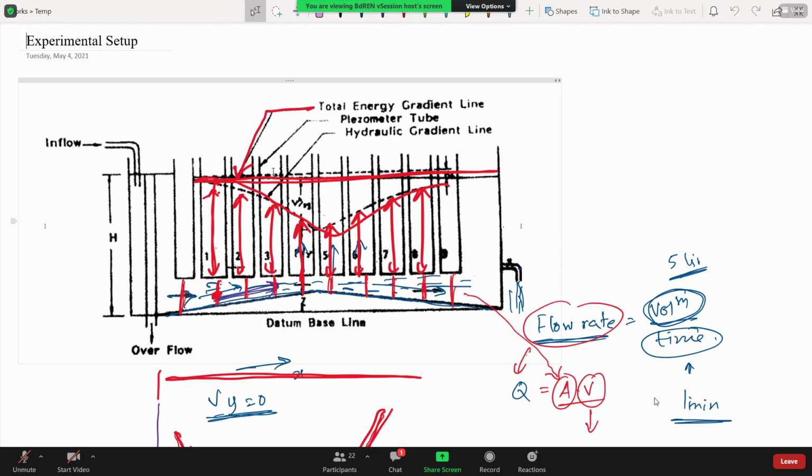But realistically you will be getting a line that is something like this. Why is that? So this is not the ideal scenario.